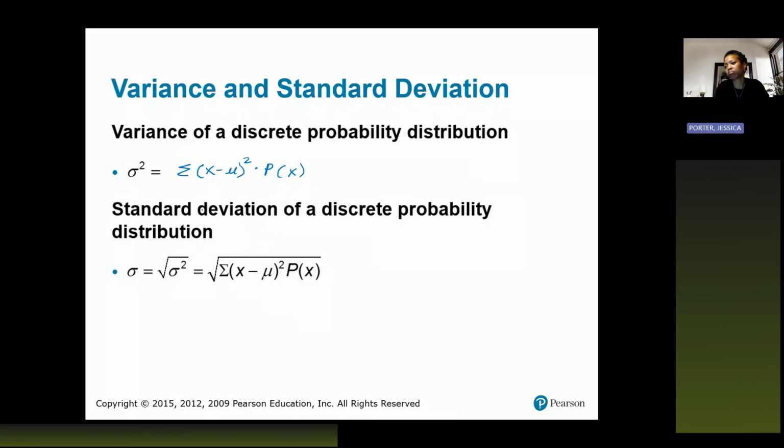Now, the standard deviation is just the square root of that. And that's the difference between the variance and the standard deviation. The standard deviation is the square root of the variance, and that's basically always. So if you just remember that, then you'll be pretty good.